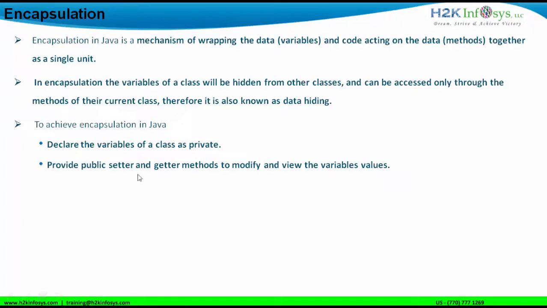The set method is to set the variable data. The get method is to get the variable data. So the setter and getter methods will be public, and will be used to modify and view the variable values. So first of all, you need to declare the variables of a class as private and then provide public setter and getter methods to modify or view the variable values.